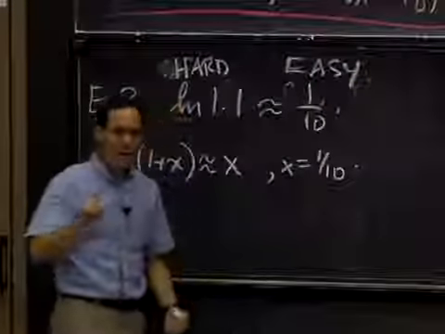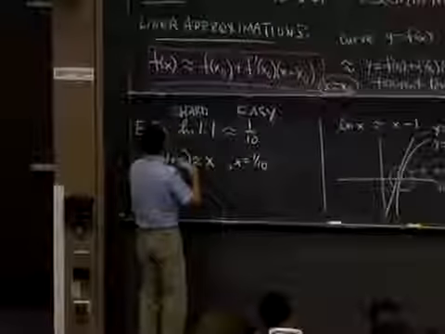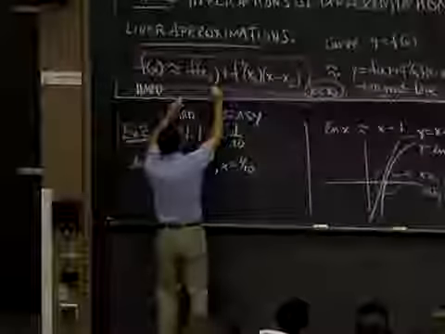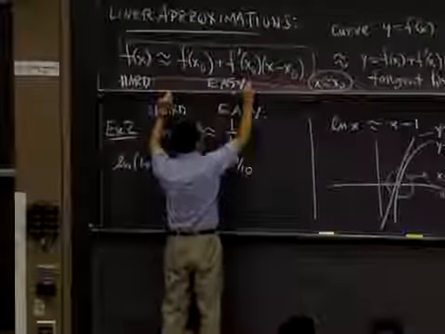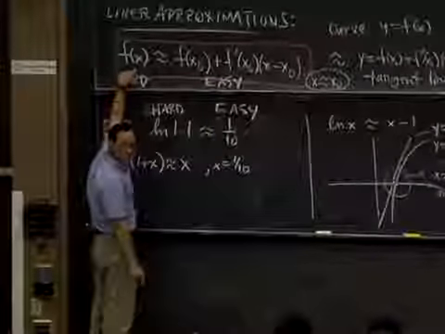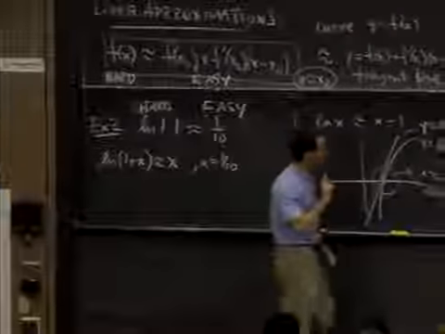Now, that may look contradictory, but I want to do it right above as well. This is hard, and this is easy. This looks uglier, but actually this is the hard one. And this is giving us information about it. Now, let me show you why that's true.